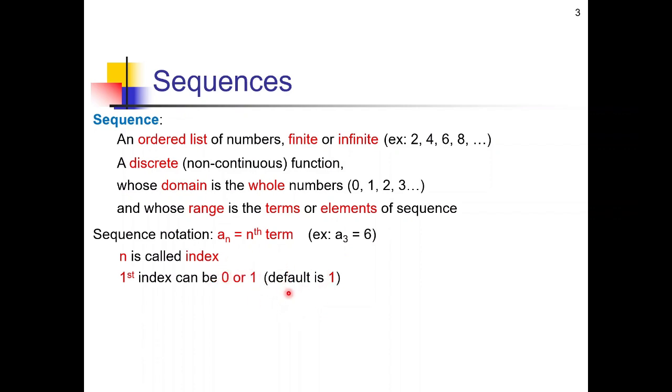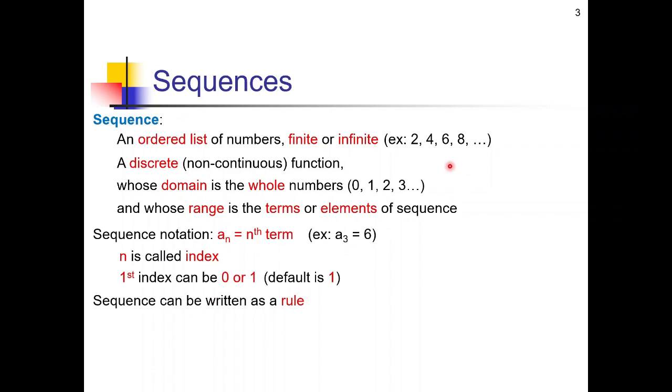Now, there are good reasons for using a 1, and there might also be good reasons for using a 0. It often comes down to doing this next thing, which is expressing the sequence in a different way other than just as a list, because this is kind of bulky. You can also express a sequence as a rule. This rule basically talks about what you have to do to the index of each term to get the term itself.